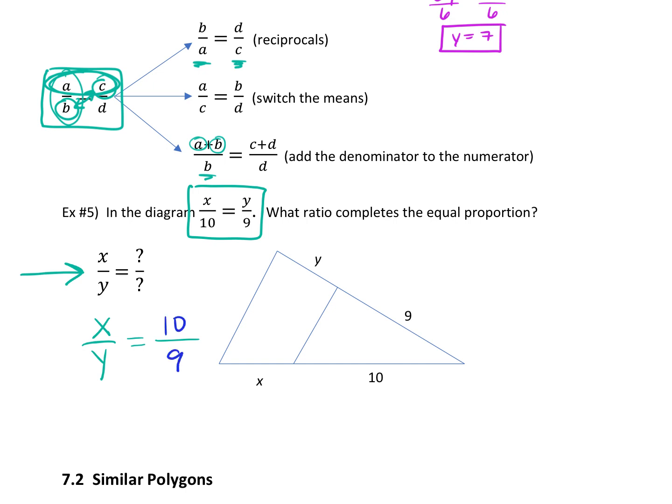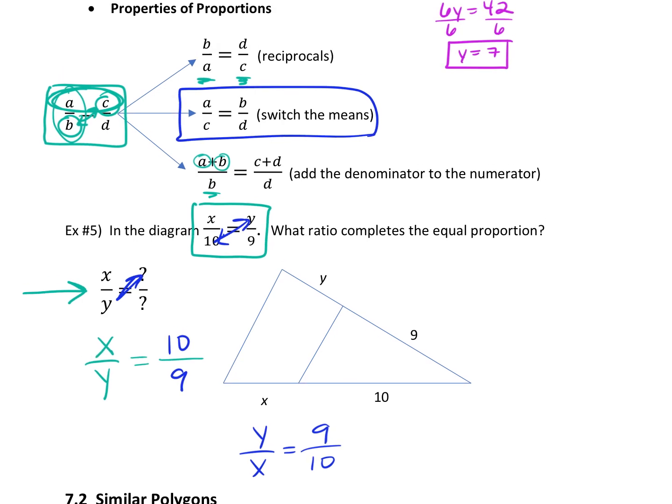Which property did they just apply? Switch the means. Switch the means, right? They just swapped these two numbers, right? So x over y is 10 over 9. What if instead of x over y, what if I said y over x? What would that equal? 9 over 10. Y over x would equal 9 over 10.